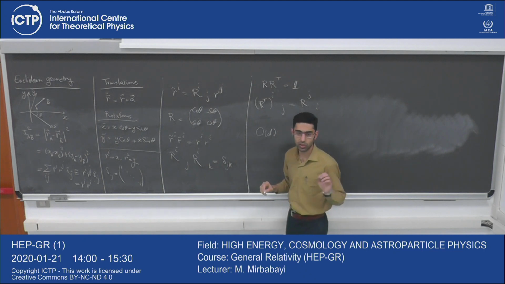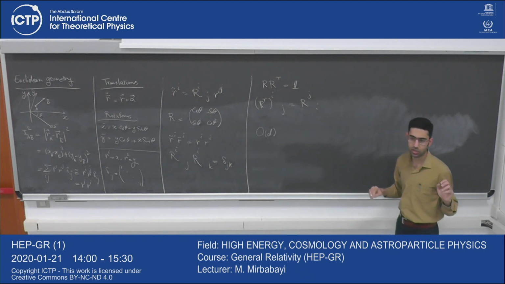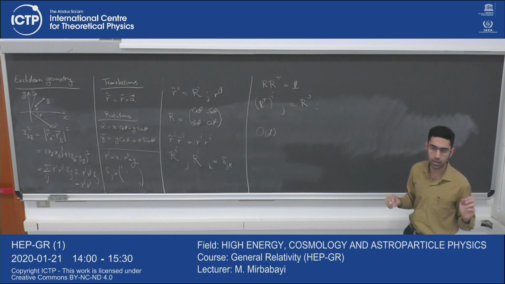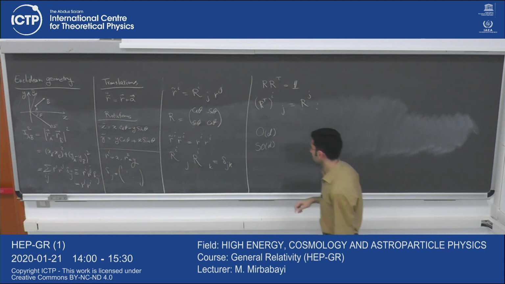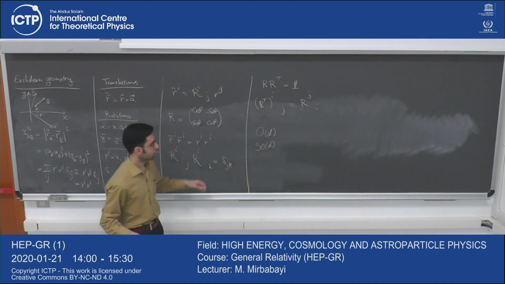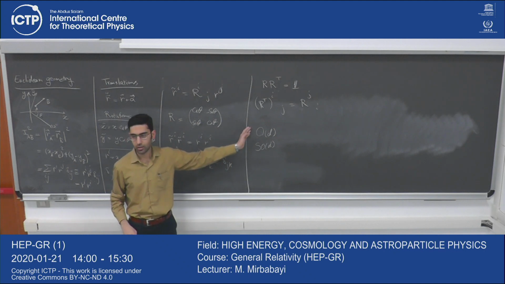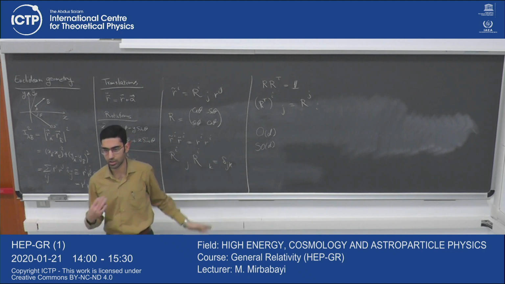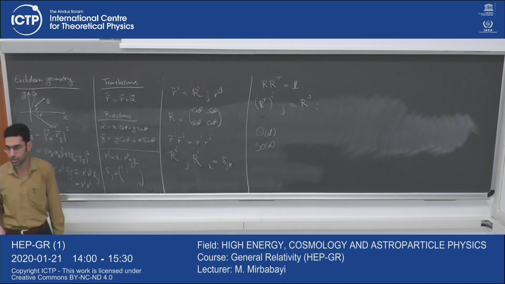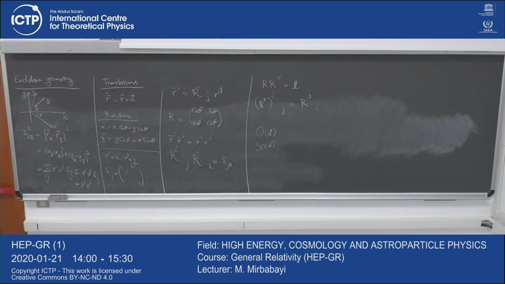If we focus on the subgroup that is continuously connected to the unit element, those are called SO(d). For instance, there are elements of O(d) which are not in SO(d); they contain reflections. Those are not continuously connected to the unit element.